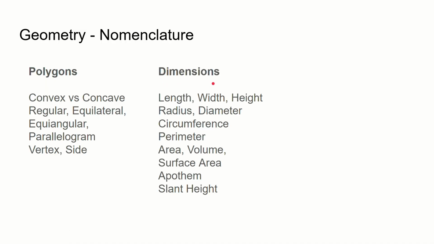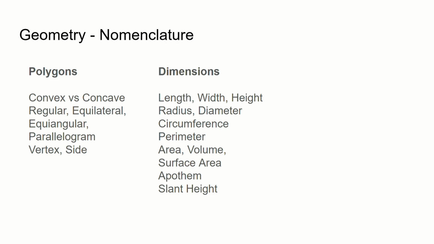Now some dimension nomenclature. So length, width, and height. Those are useful when doing anything with volume. And with circles, we'll use radius, diameter, and circumference. But we'll also use perimeter. There's area and volume. Then surface area is the area of the faces of a 3D shape.